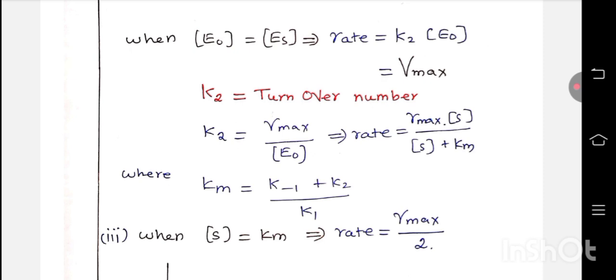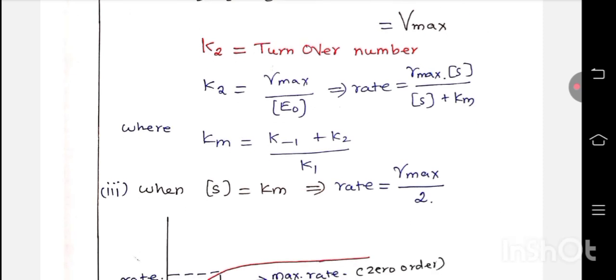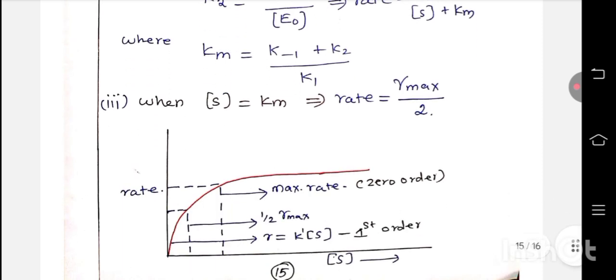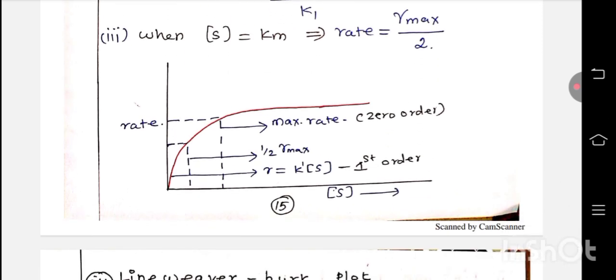Therefore rate equal to R max into S divided by S plus Km, where Km equal to k minus 1 plus k2 divided by k1. When substrate equal to Km, the rate equal to Vmax divided by 2. The graph is rate versus substrate. Therefore, maximum rate is zero order, the minimum rate is first order.